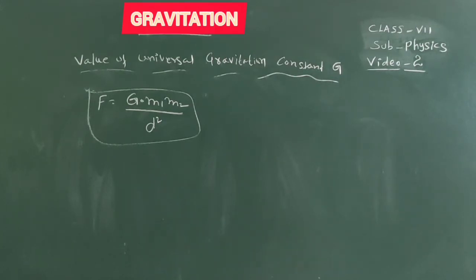In all the cases, the value of G is 6.67 into 10 power minus 11 Newton meter square by kg square. Here M1 and M2 are the masses of the two bodies, and d is the distance between the centers of the two bodies. The force of gravitation is a vector quantity. It acts along the line joining the center of mass of the two bodies.